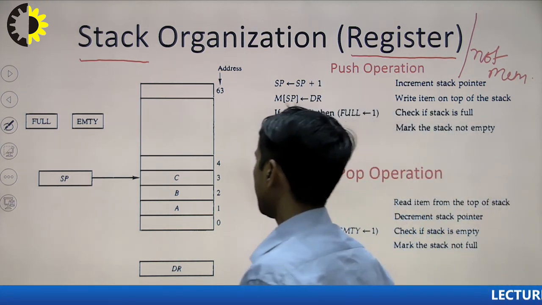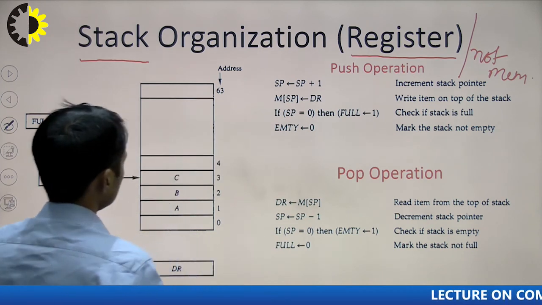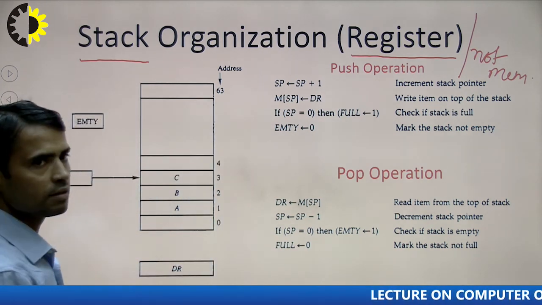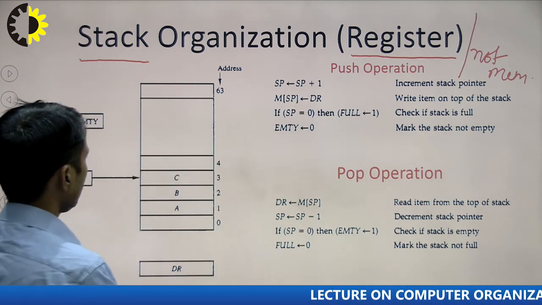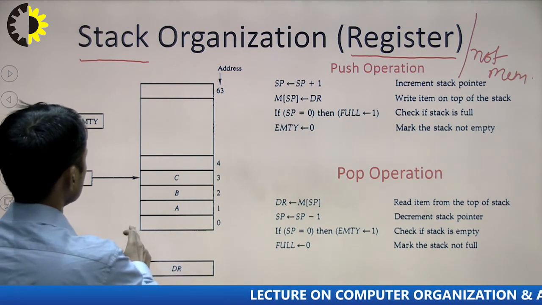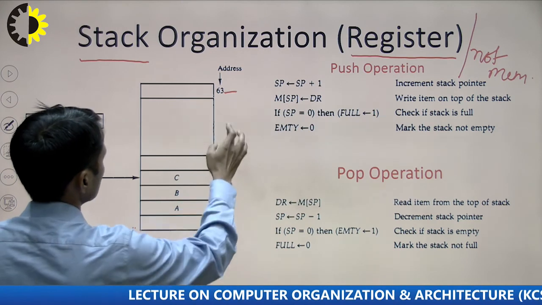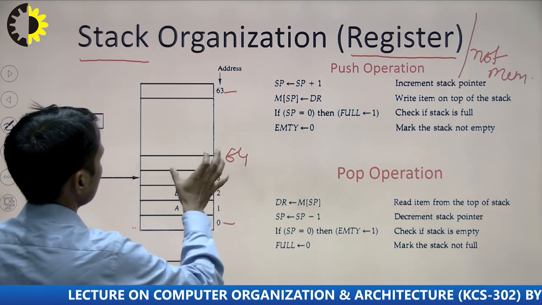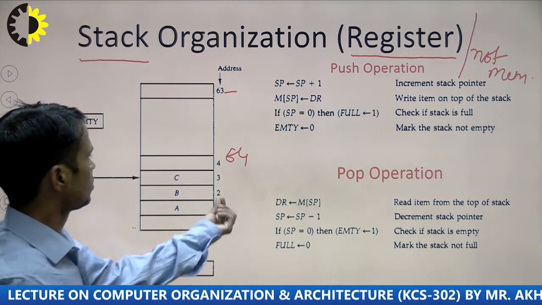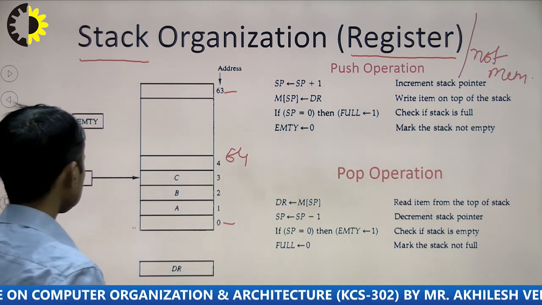So, we can create a separate register set which is represented like this, and there are some set of registers from 0 to 63, the total 64 registers are available, and their addresses are 0 to 63.